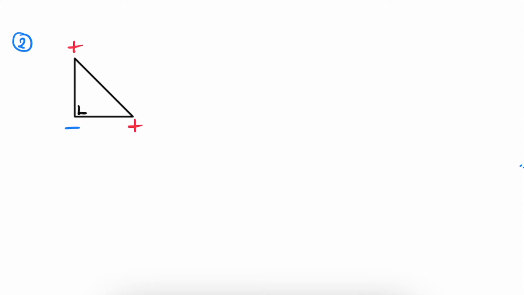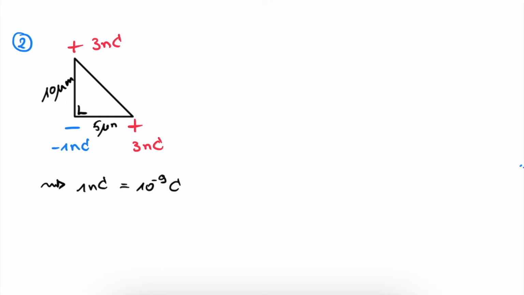What we further know is that the positive charges both have a charge of 3 nanocoulombs, and that the negative charge has a charge of -1 nanocoulomb. And to remind ourselves, 1 nanocoulomb is equal to 10 to the power of -9 coulomb, so 1 billionth of a coulomb. What we further know is that this distance is 10 micrometers, and this distance is 5 micrometers.